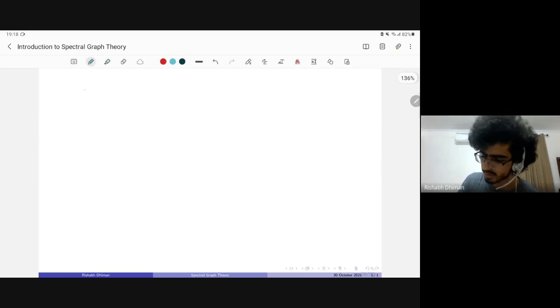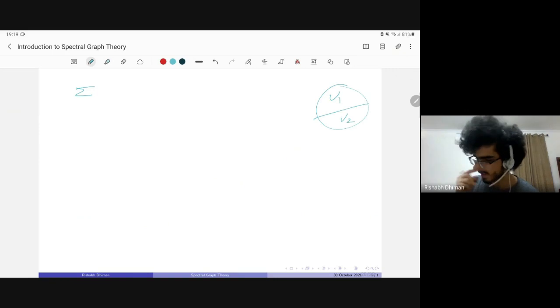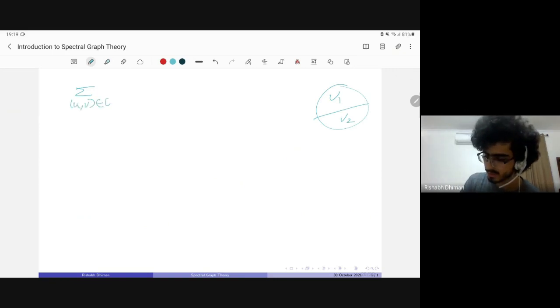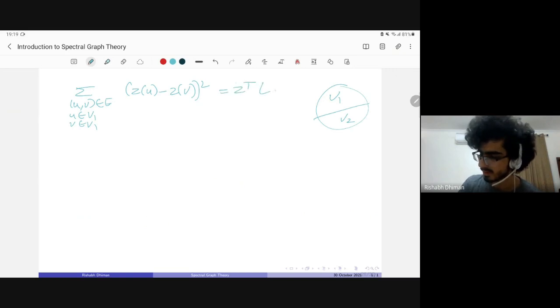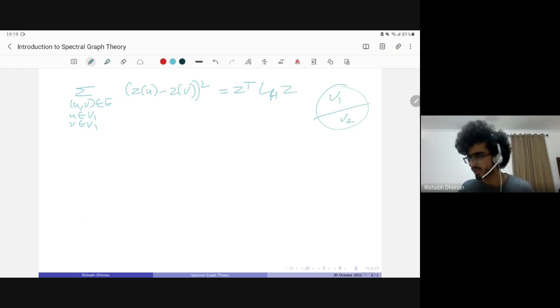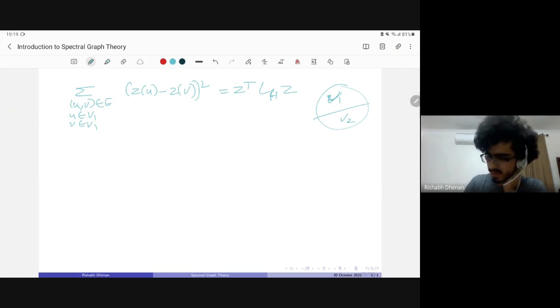Now you consider the first sum, u in V1, v in V1, z_u minus z_v squared. And this is nothing but just z^T L_H z, because we earlier proved this, we basically just used this earlier as well.